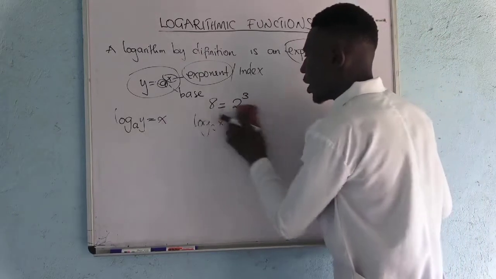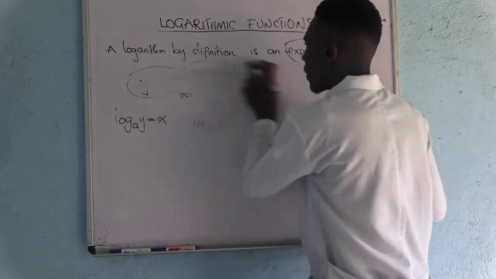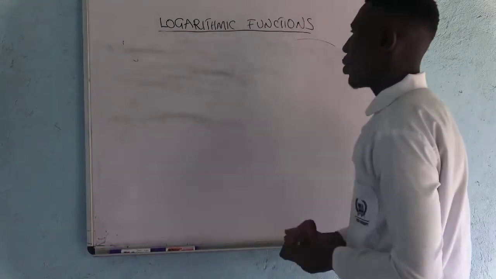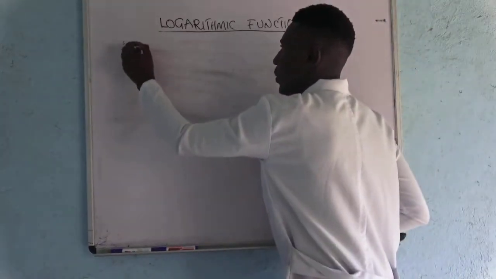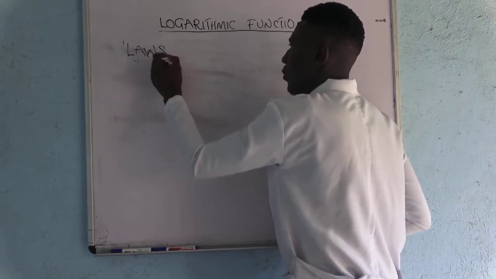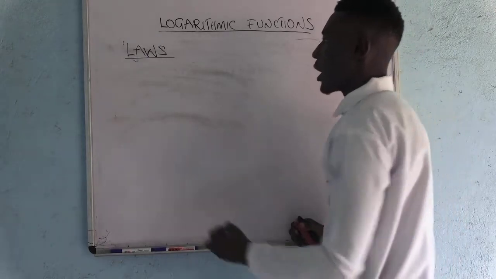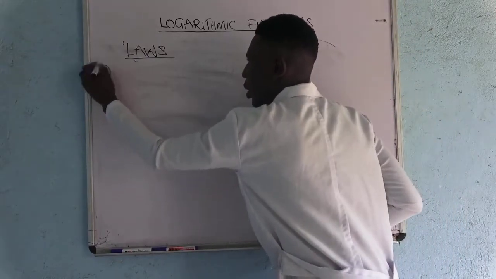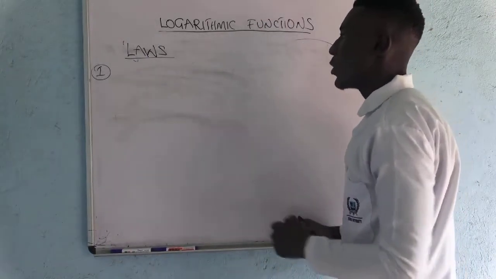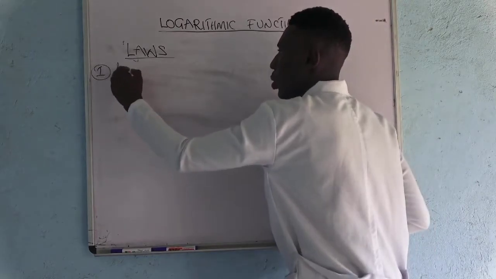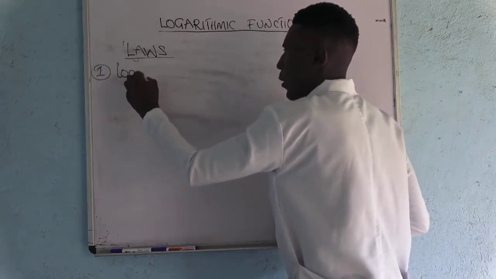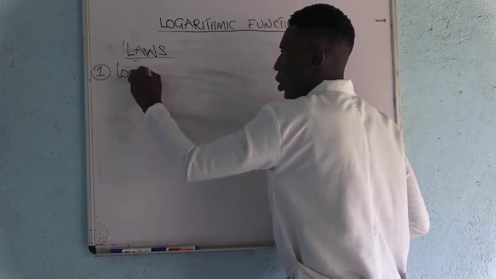Okay, now when you're solving logarithmic functions, there are certain rules or laws that you're supposed to follow. So I'm going to give you a list of all the laws that you're supposed to follow when you're solving logarithmic functions. The first law on the list is when you have log of a base a, like that.